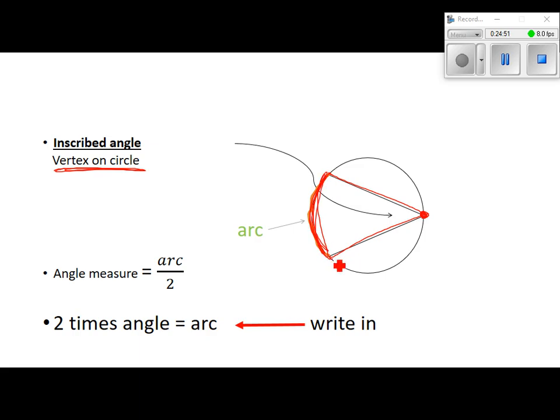The difference this time from a central angle, where the vertex is at the center and the angle and the arc are always the same measure, same degrees: for an inscribed angle, the angle measure is half the arc, or 2 times the angle equals the arc. So if I tell you that this angle is 50 degrees, then this arc out here is going to be 100 degrees.